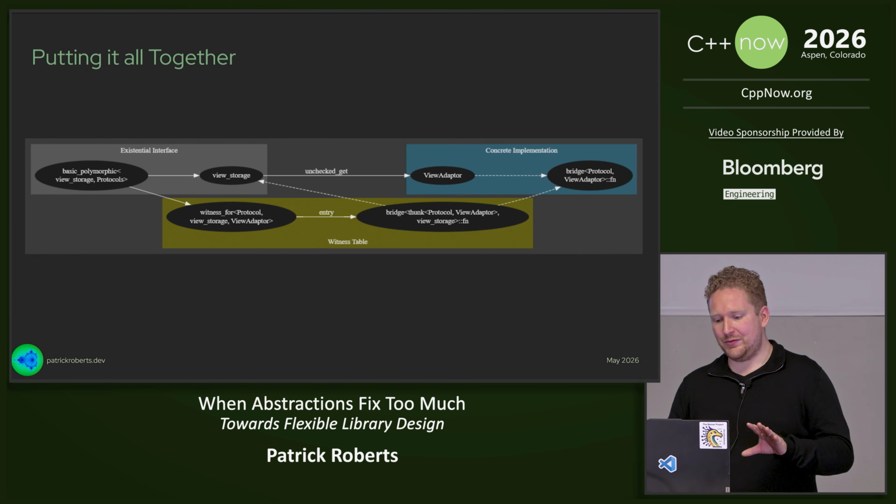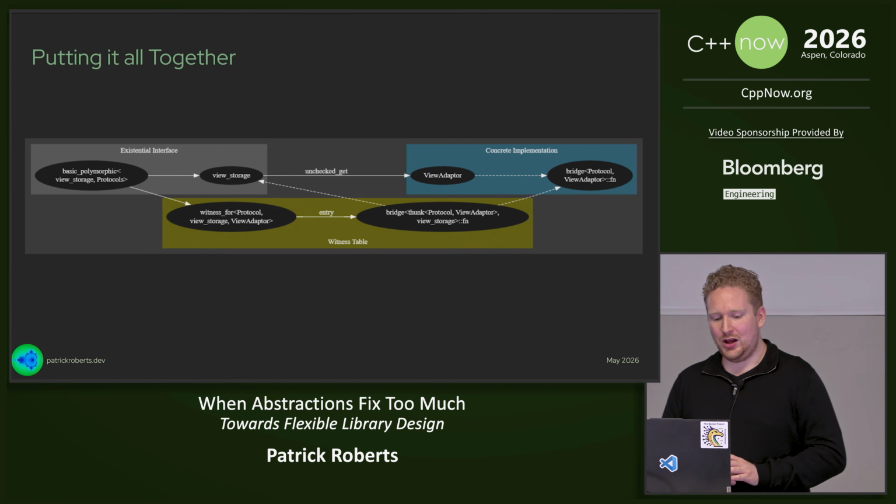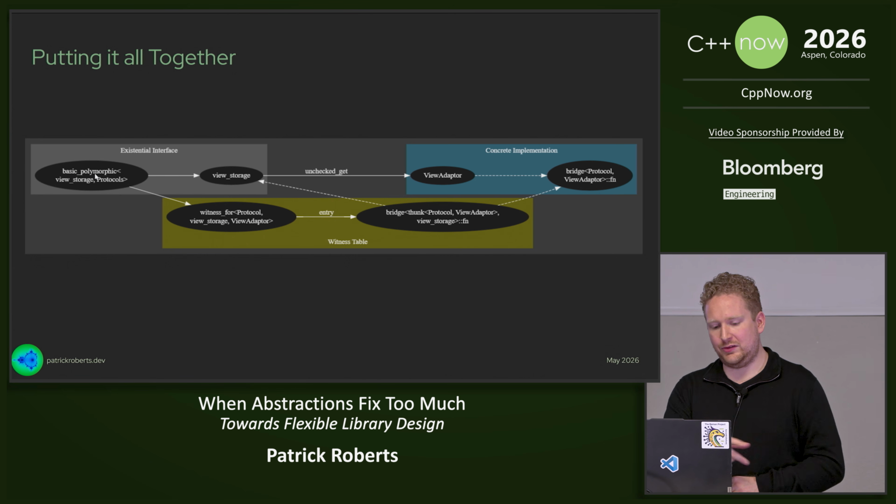So I have a diagram to try and visualize everything that we've covered because it's a lot. Here I called it basic polymorphic instead of existential because that's how it exists in the implementation of any view. But it is effectively the existential type I've been discussing. So you have it templatized over the storage policy and the protocols or capabilities.